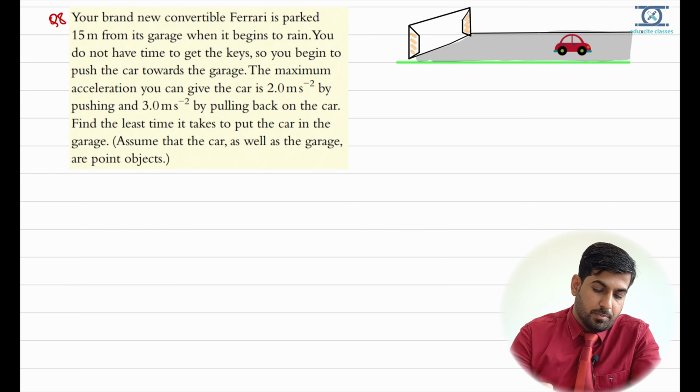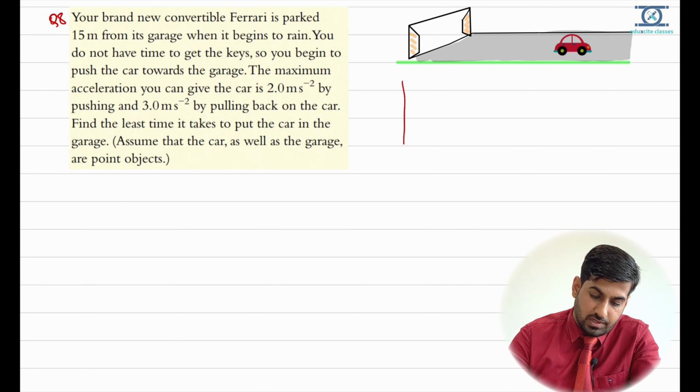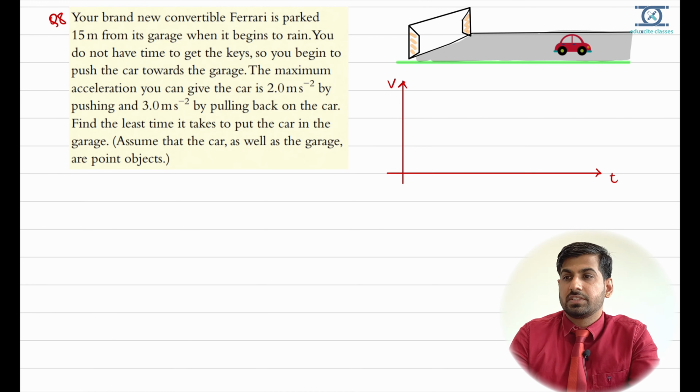Now the best way to solve this type of problem is to draw a velocity versus time graph. How? Just look here. I don't know the time, I don't know the velocity, I will assume. So let us say this is my velocity versus time graph.